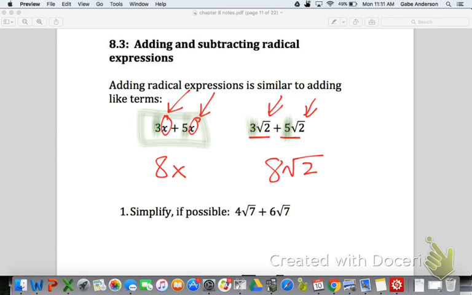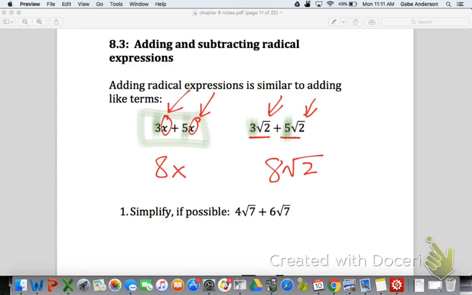Number 1 is 4 root 7 plus 6 root 7. The first thing you really should ask yourself is, are those two radicals like radicals? They are. Root 7 is the same as root 7. So whenever you add... Interrupted by whoever that was.